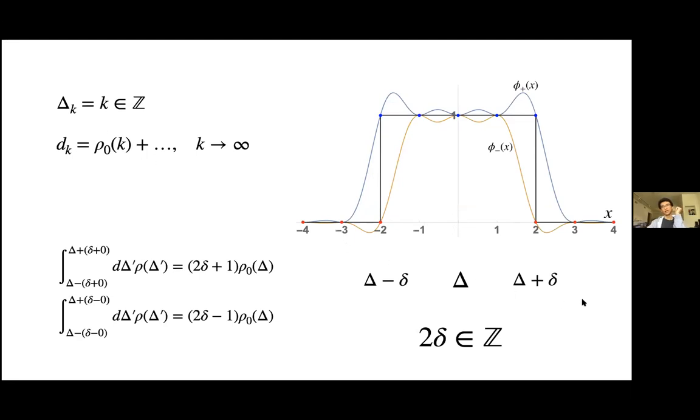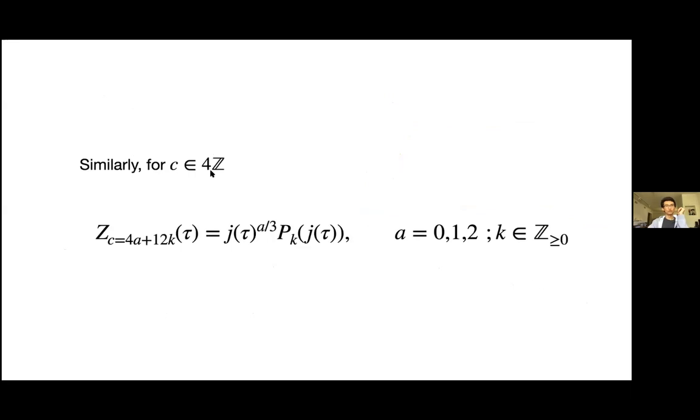So this shows that these bounds are saturated. In fact, you can do it for any central charge which is a multiple of 4. You can construct similar partition functions, which are S invariant and have integer spectrum and saturate those bounds.